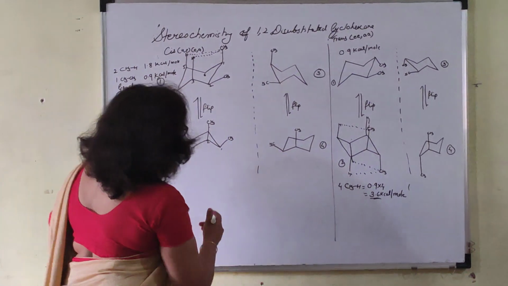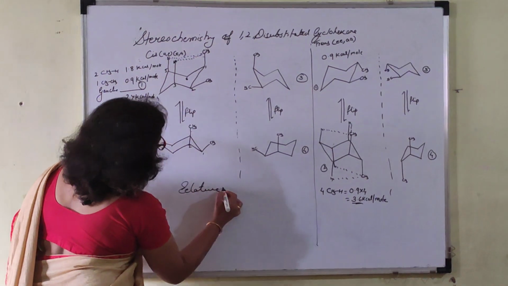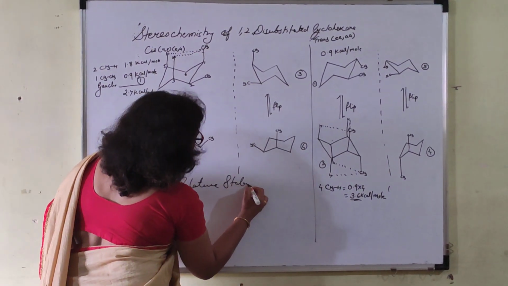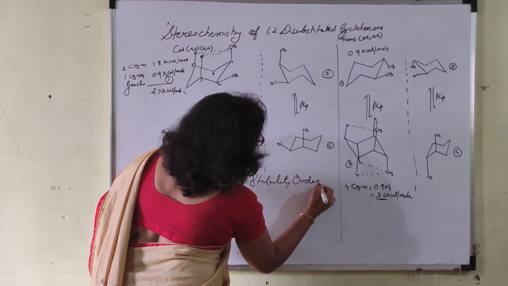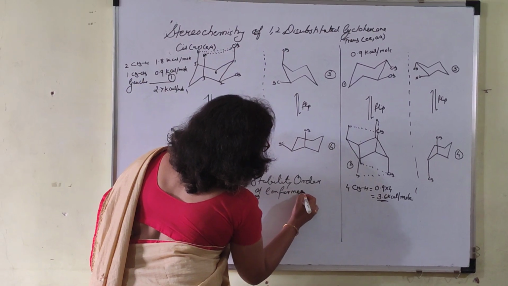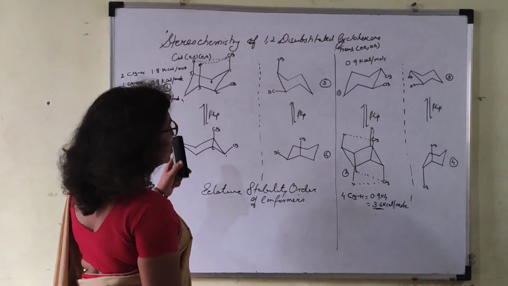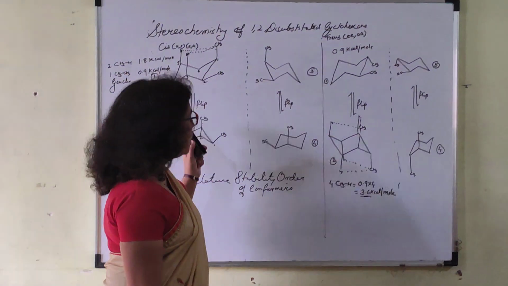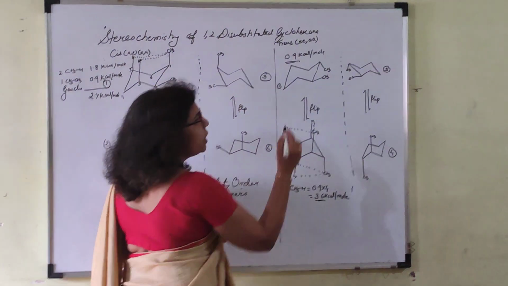Now let us go for the relative stability order of conformers. Now if you see, the most stable compound among these three is the one with 0.9 kilocalories, that is EE.